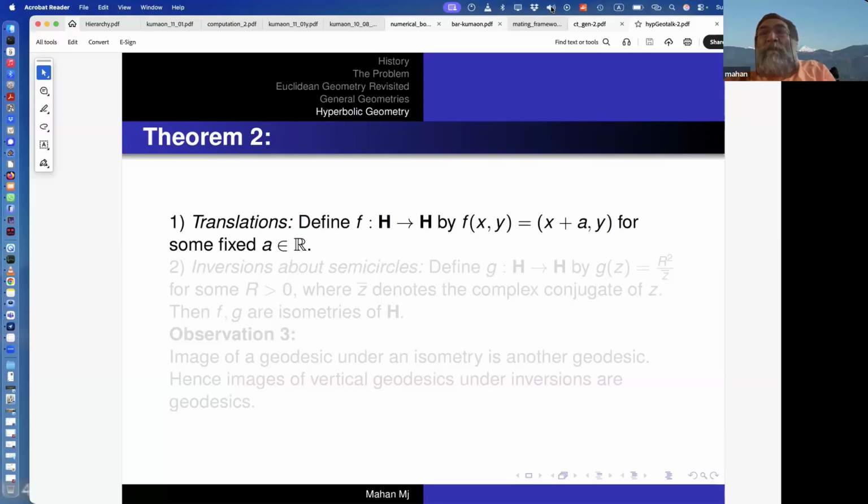So (dx1 square plus dy1 square) by y1 square is equal to (dx square plus dy square) by y square, according to this formula. Which means basically translations along the x direction are isometries. Hence, from this one simple special case of the vertical line through the origin, you get all verticals are geodesics.